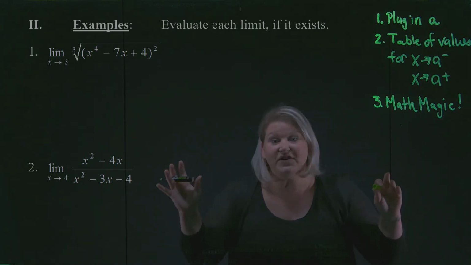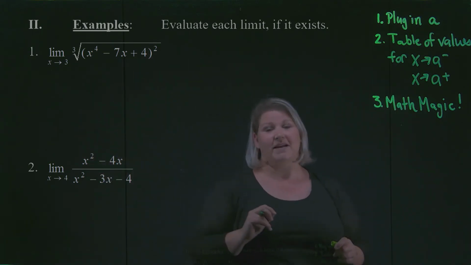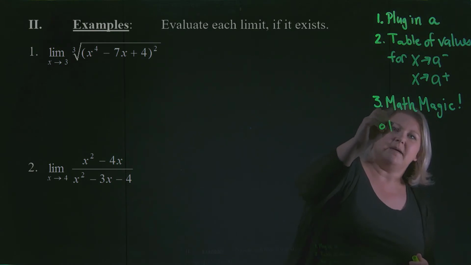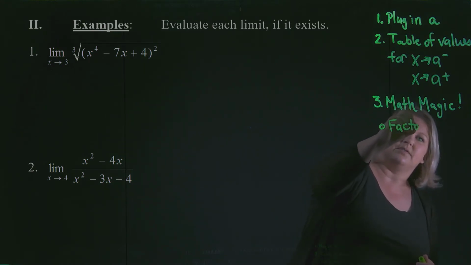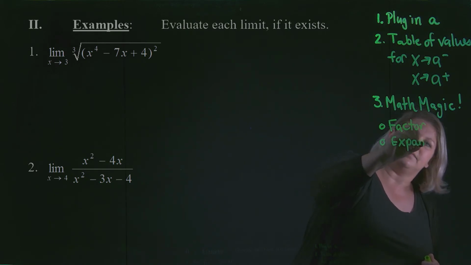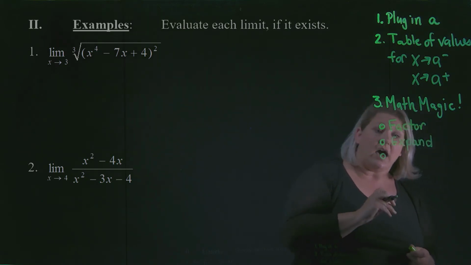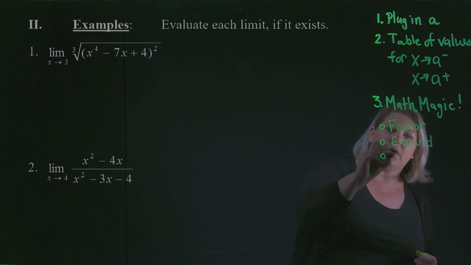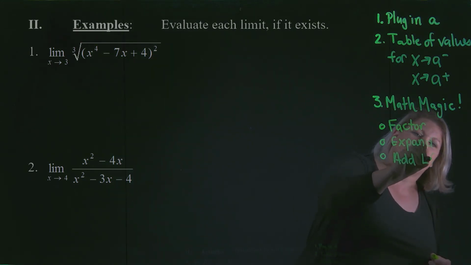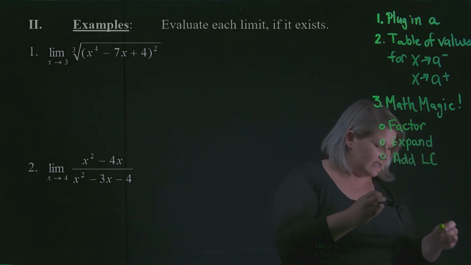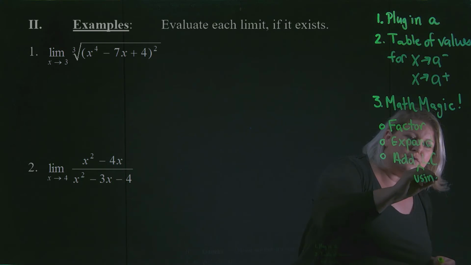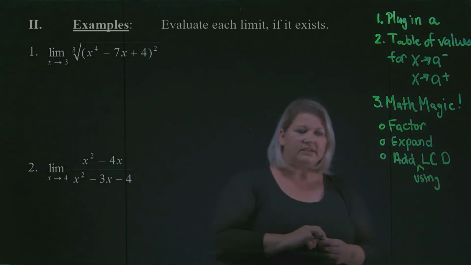Now, math magic, math smoke and mirrors. What do I mean by that? Well, there's a bunch of stuff, okay? You may need to factor. You may need to expand. You may need to add fractions, so find the LCD and add using the LCD.